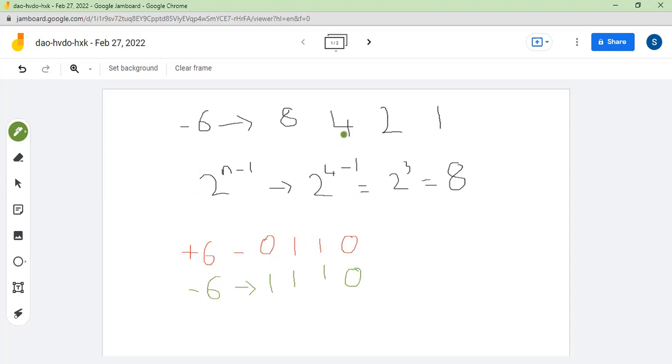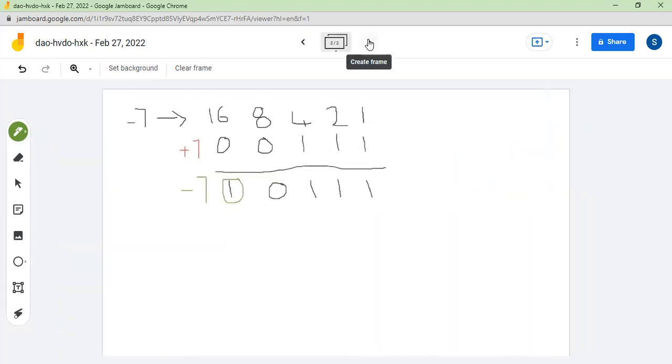Now let us try to understand a little bit more with another number, which is -7. I'm going to represent -7 in 5-bit notation this time. In terms of base 2, it is 16, 8, 4, 2, and 1. So 7 in binary is 4 plus 2 plus 1.